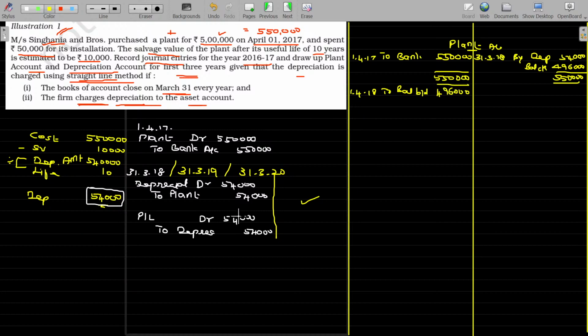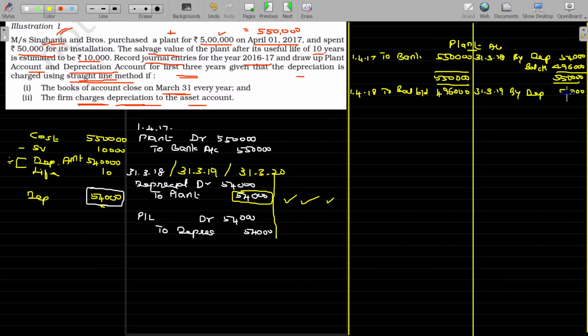By the second year end also, we are repeating the same. The depreciation charged in the plant account every year is 54,000. So the next year, 31/3/19, by depreciation, the depreciation is 54,000.